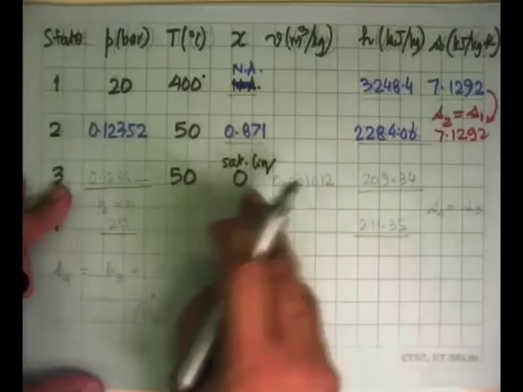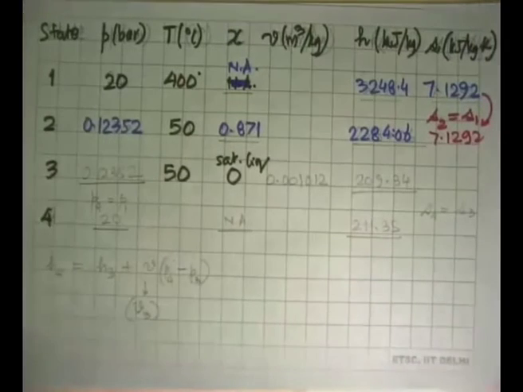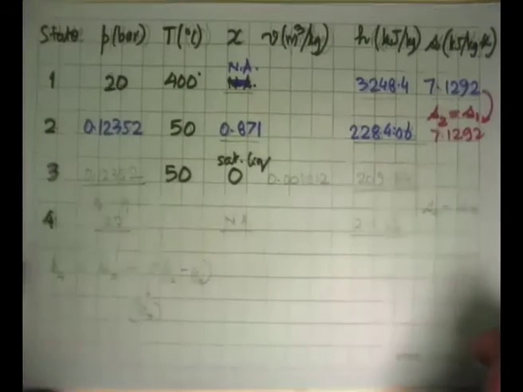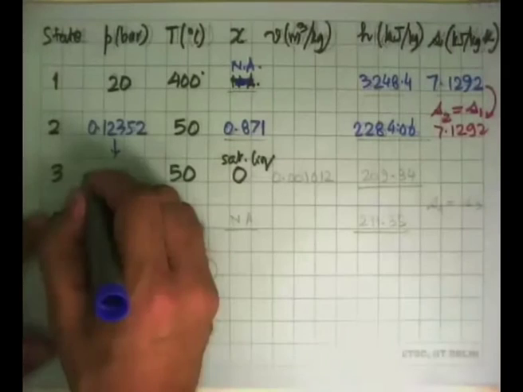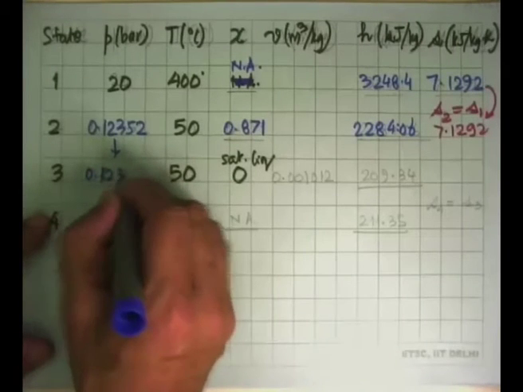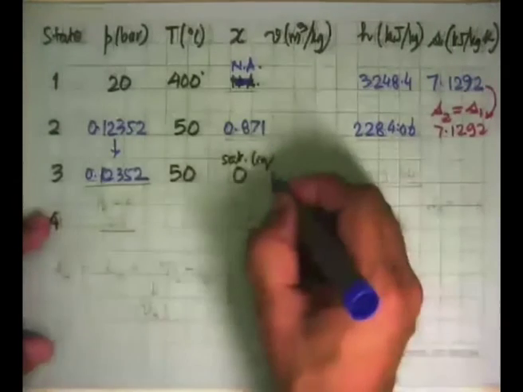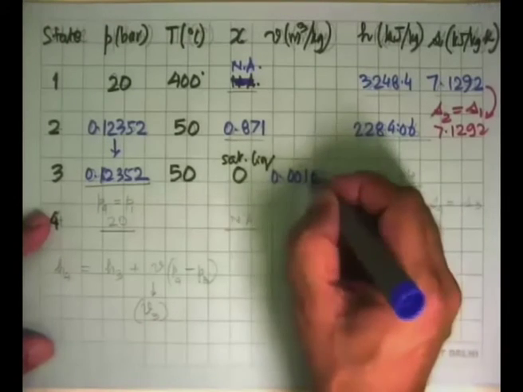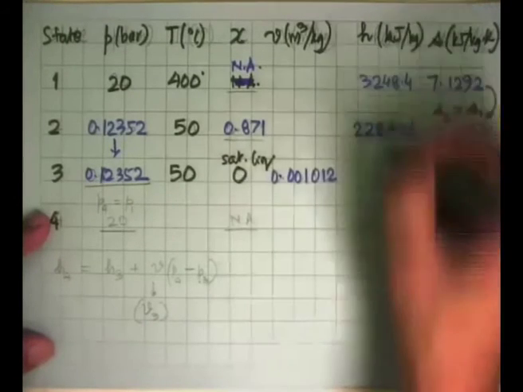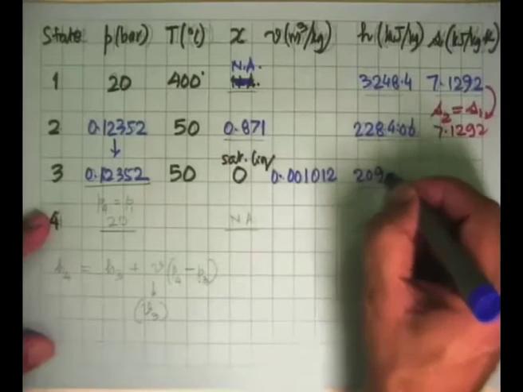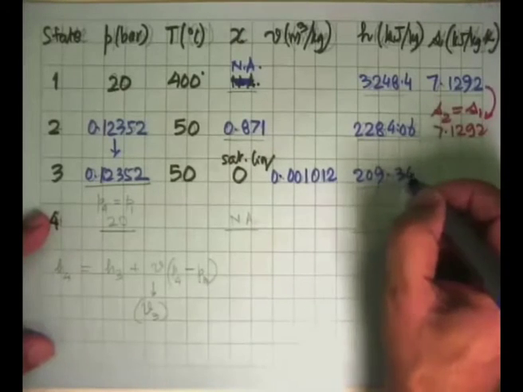And now from here, we can again go back to the tables and pick up everything that we want. The pressure is known, which is the same pressure as this one, 0.12352 bar. Specific volume, 0.001012 meter cube per kg. Specific enthalpy from the tables, 209.34.